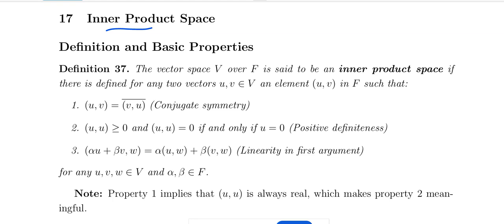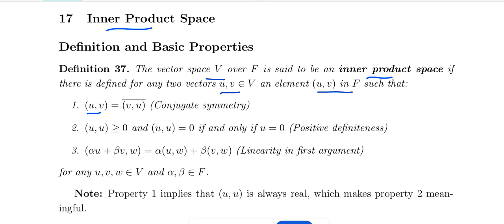The vector space V over F is said to be an inner product space if there is defined, for any two vectors u, v, an element (u, v) in F such that (u, v) is equal to the conjugate of (v, u). This is called conjugate symmetry.